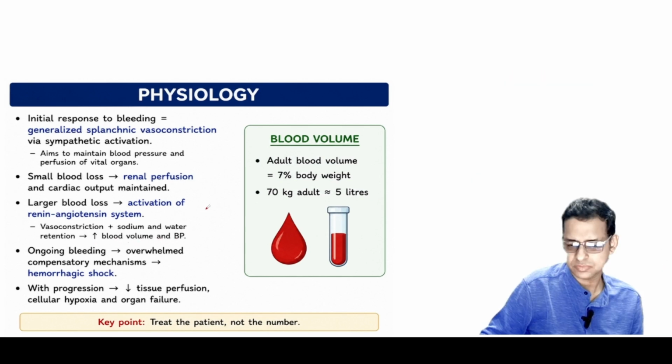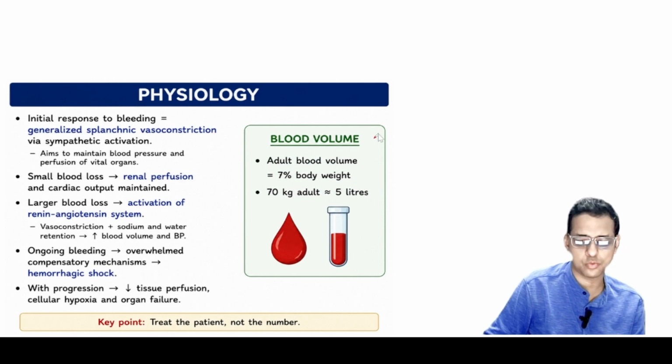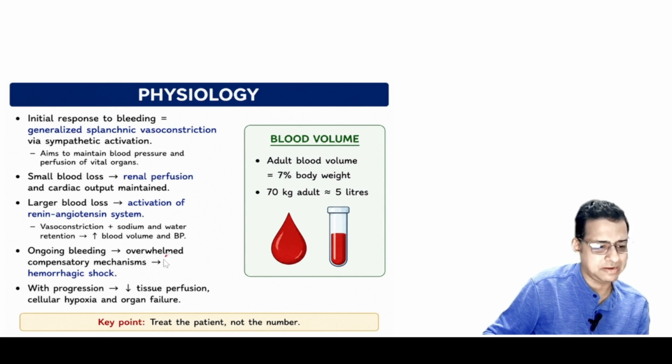The average adult blood volume is approximately 5 liters in 70 kg, and the body initially compensates through tachycardia and peripheral vasoconstriction, with increased heart rate.